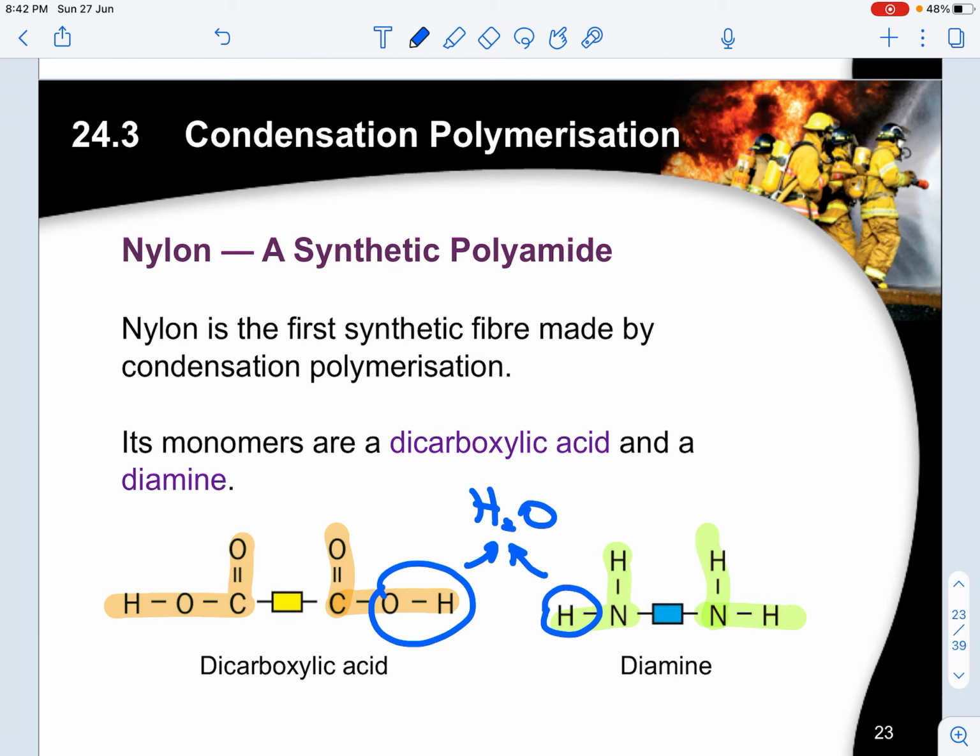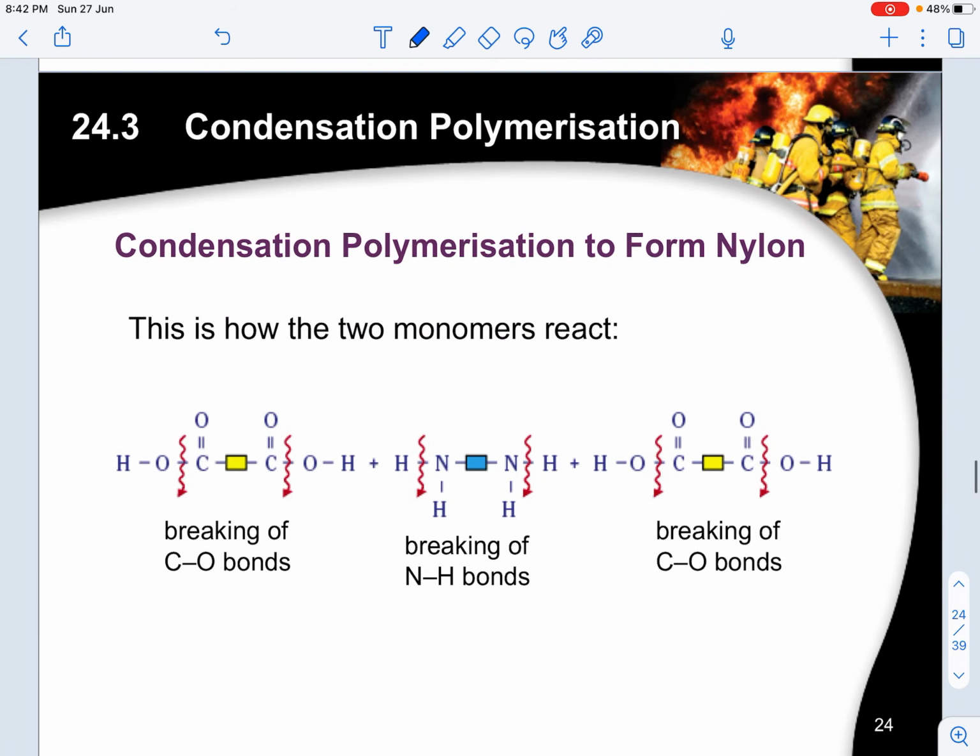When it frees up, what you'll realize is it will form a bond like this. Of course this bond will be repeated throughout.